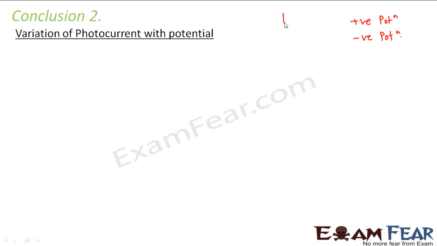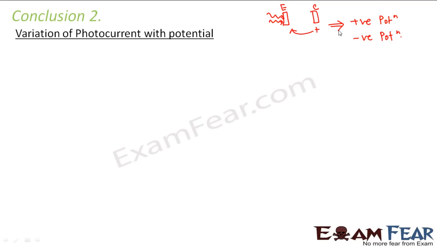What is positive potential? Positive potential is the scenario when the collector, this is my collector and this is my emitter, the photosensitive plate where light is falling, and the collector is where the electrons are coming, is positive with respect to the emitter.